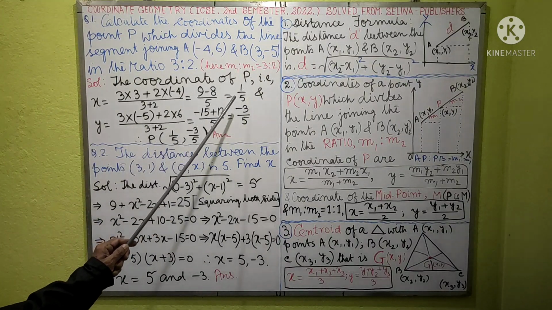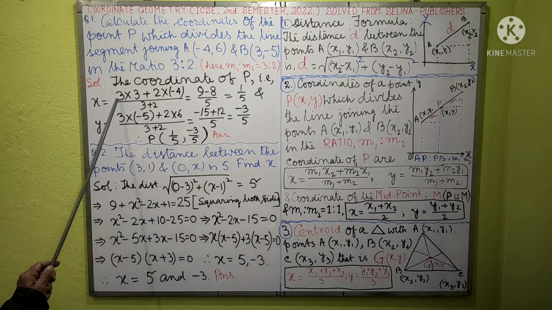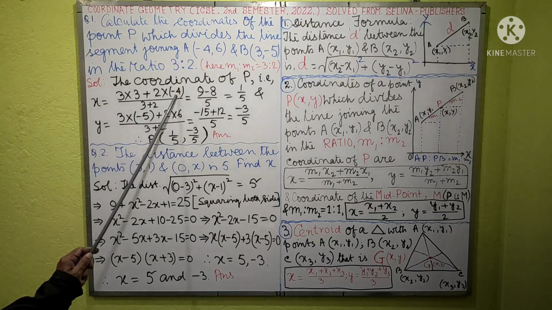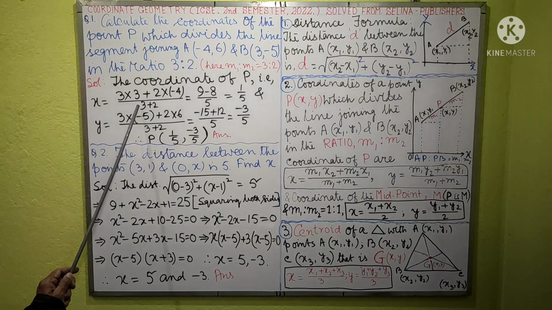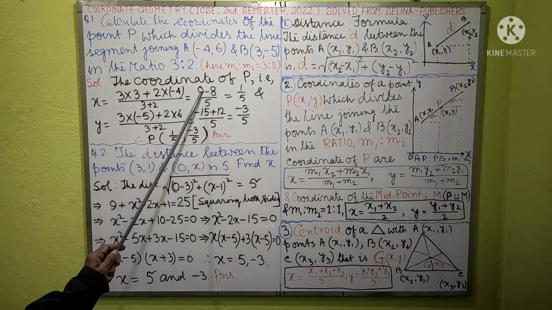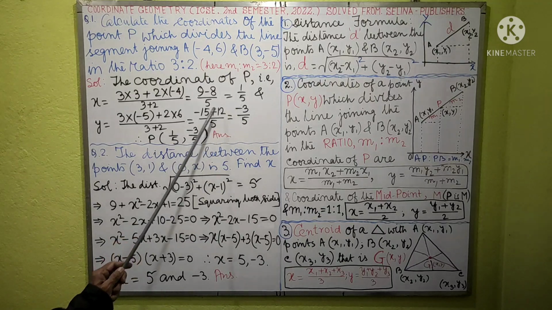Therefore, the coordinate x of P will be m1 x2 plus m2 x1 by m1 plus m2, that is 3 plus 2, which is (9 minus 8) by 5, that is 1 by 5.